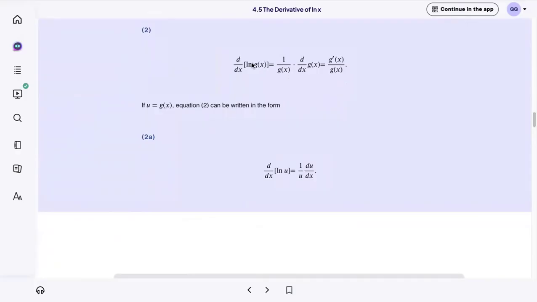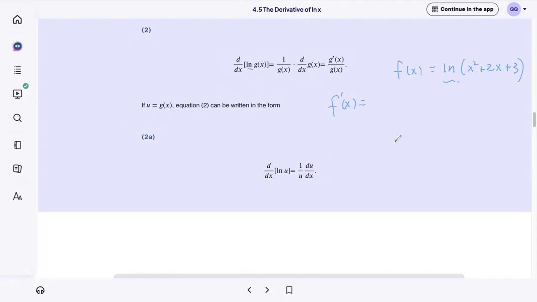This is saying inside the ln could be a long expression. Let's see what we have. Maybe we're given a function as ln of x squared plus 2x plus 3, something like that. So when we take the derivative of f, the first layer is ln.